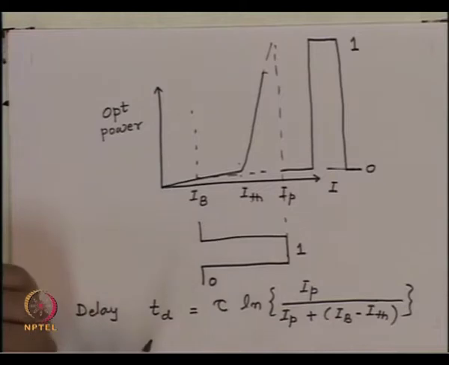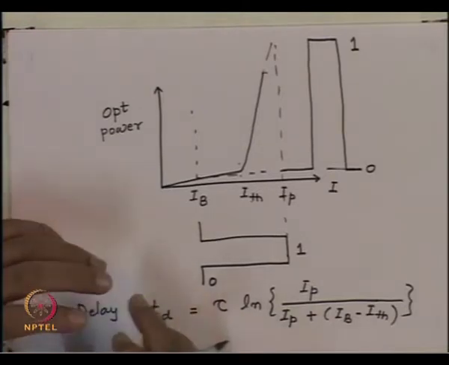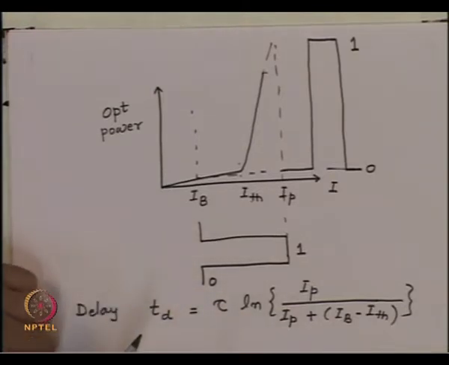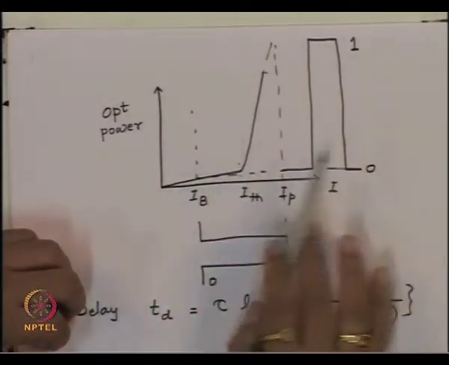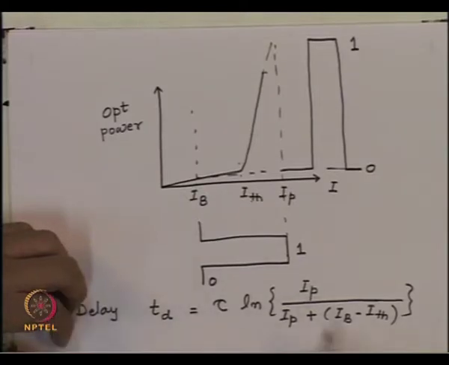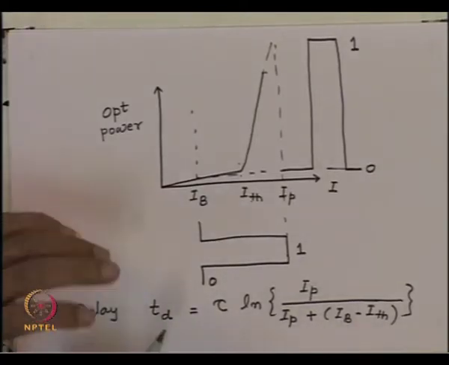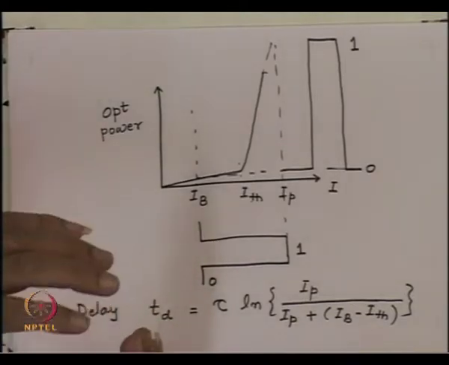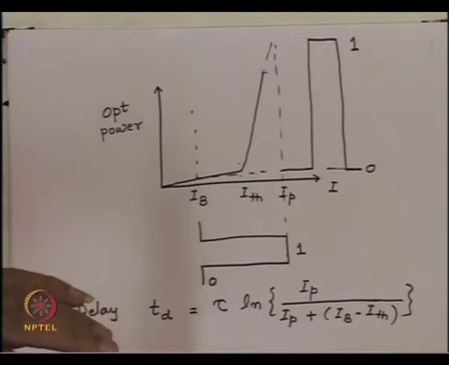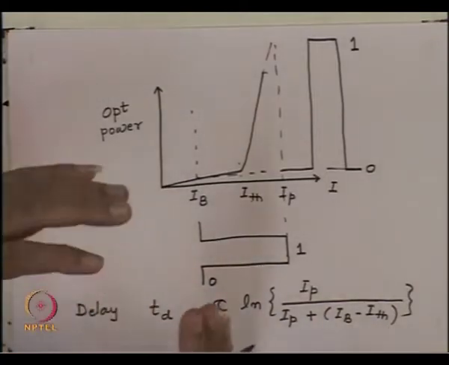So, what it means is that if you want to have the delay very small, either we should track the threshold current, so keep changing the biasing current, so the difference between threshold current and biasing current is small, or make the threshold current stable, so that once it is biased at that point, this difference IB minus IT is negligibly small.